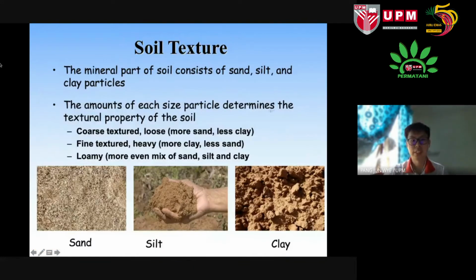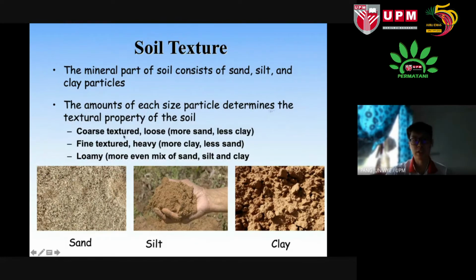Okay, soil texture. Soil texture consists of three types: sand, silt, and clay particles. So let me tell you more about sand.